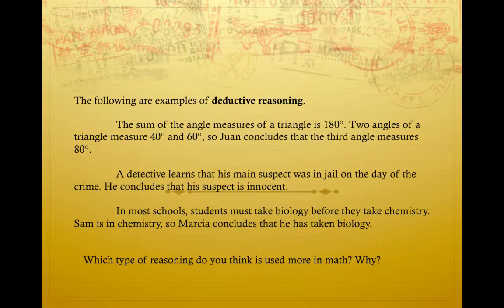So the difference between the two words is with inductive reasoning, you start with something small and then you use it to make judgments about something bigger. And so maybe you notice a pattern, you assume the pattern will continue. With deductive reasoning, you start from the big and go to the small.